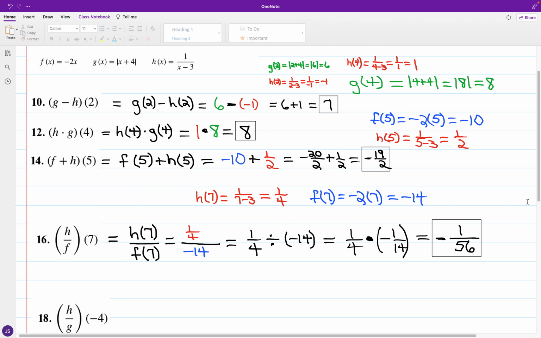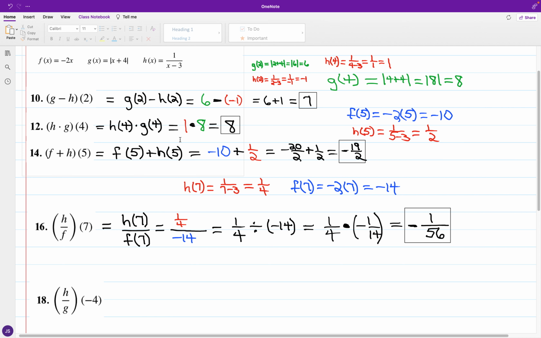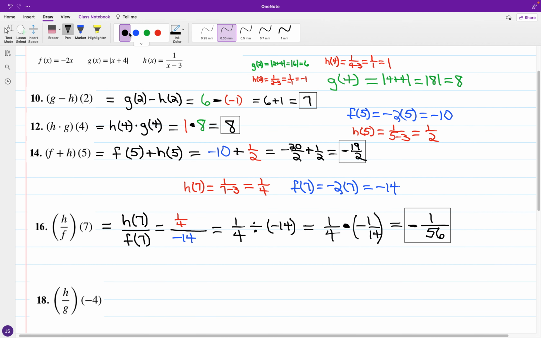Now for what we have in the case of h and g, so you have h over g of negative 4.